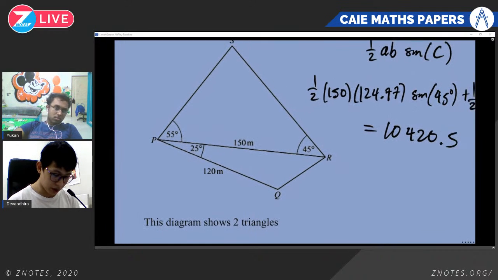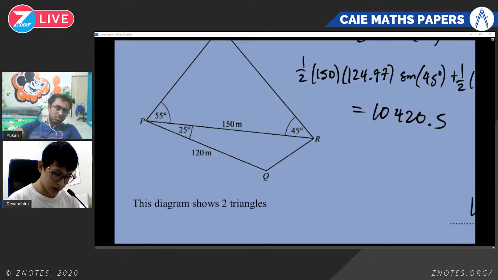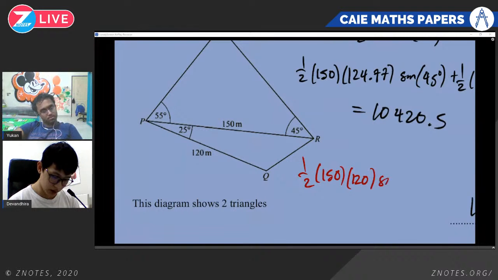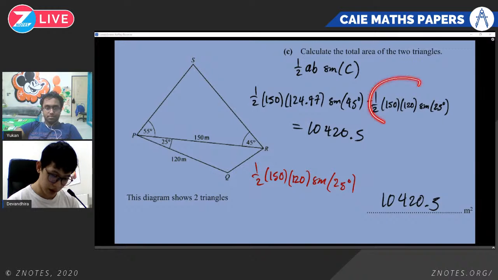Right here we have the two adjacent sides, 150 and 120, and the angle in between is 25 degrees. So the area is half times 150 times 120 times sine of 25 degrees, which is exactly what we have right here.